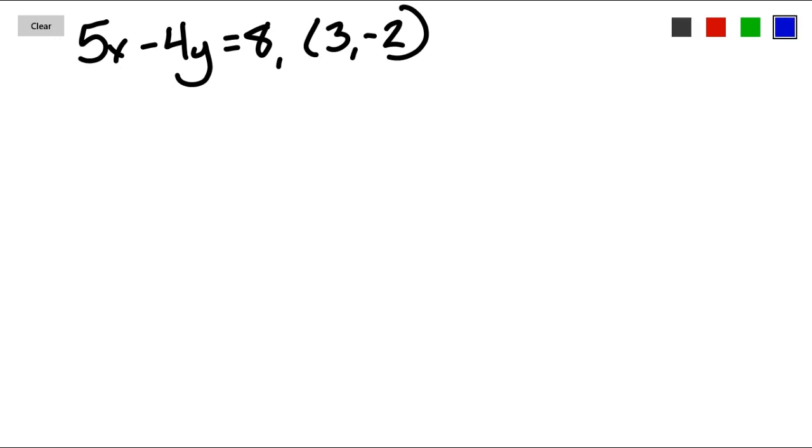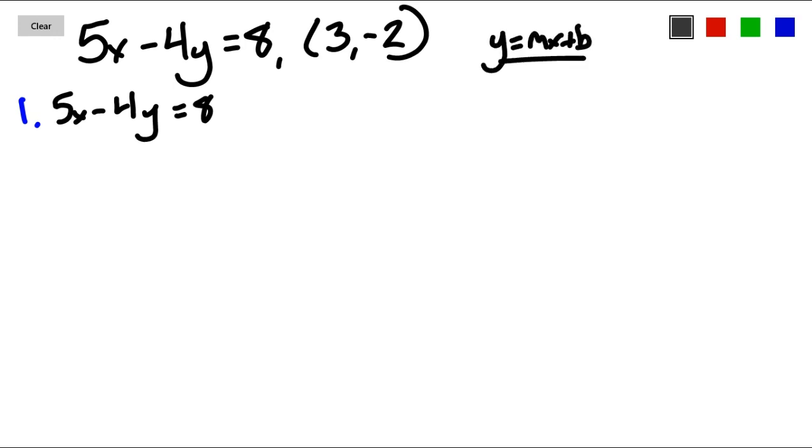So for the first scenario, I'm looking at parallel lines. And keep in mind, parallel lines have the same slope. So what I'm going to do is take the first bit and say 5x minus 4y is equal to 8. Just worry about that right now. And I want to isolate y so that I have it in the form of slope-intercept.